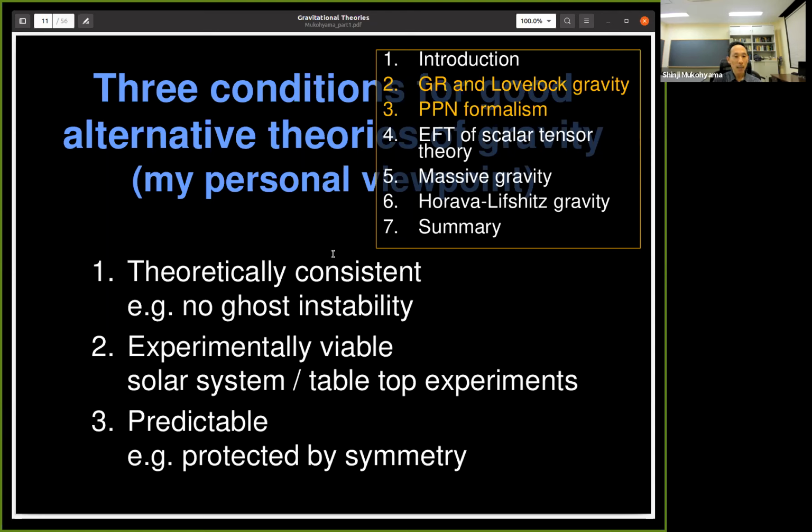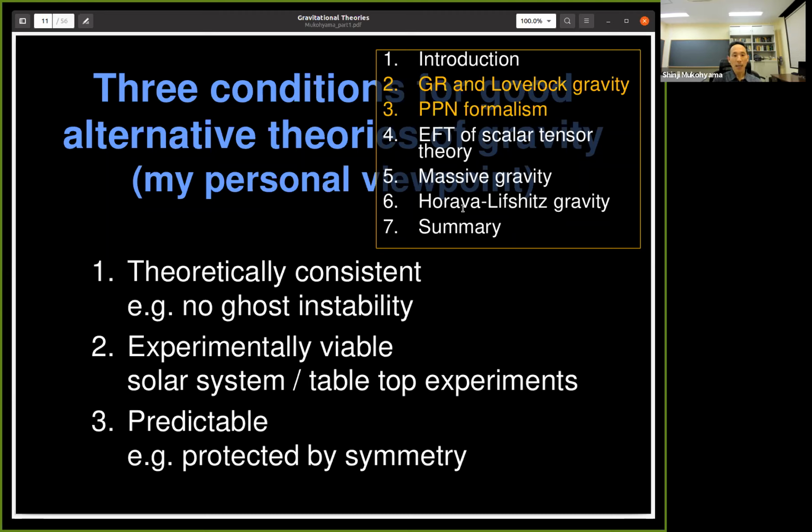As for the second point, I'd like to talk about the so-called parameterized post-Newtonian formalism, PPN. This gives us a kind of universal framework to constrain the possible deviation of GR from GR at the solar system scales. So I think this is useful for the second point.